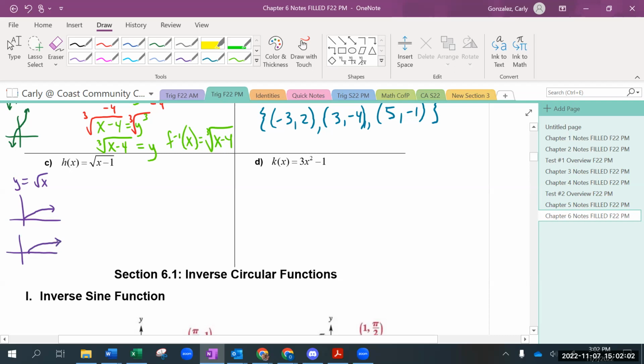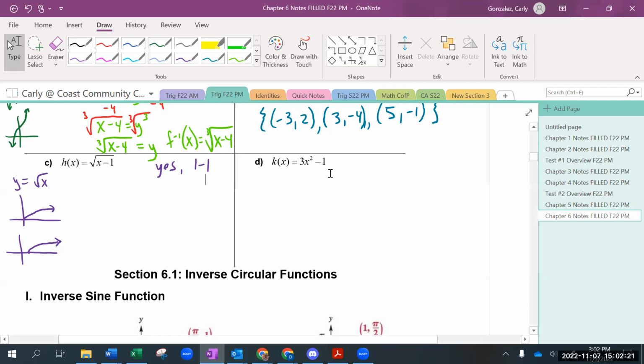So it is a function and it is 1-to-1. Algebraically, we could also determine if I give any x value, I will get exactly one y value out. And that's a little bit more through exploration.